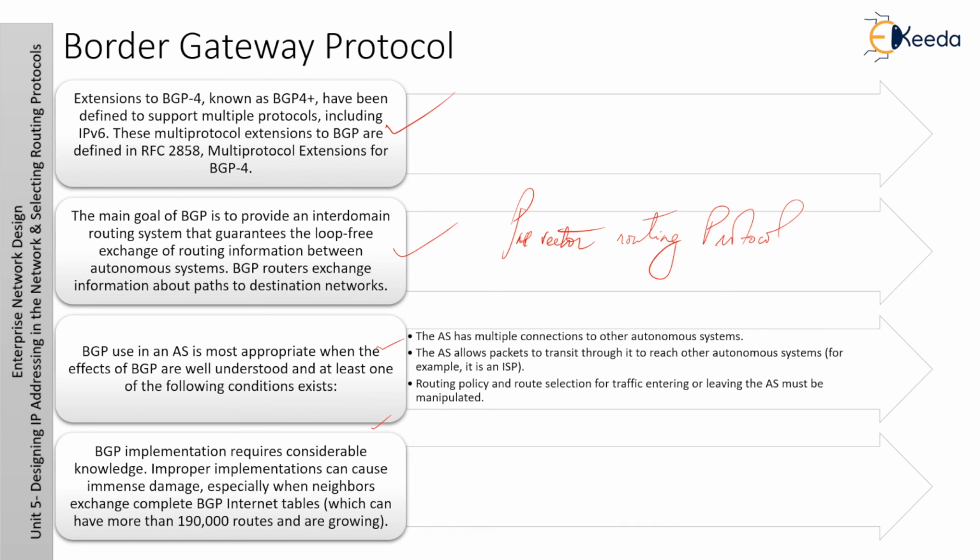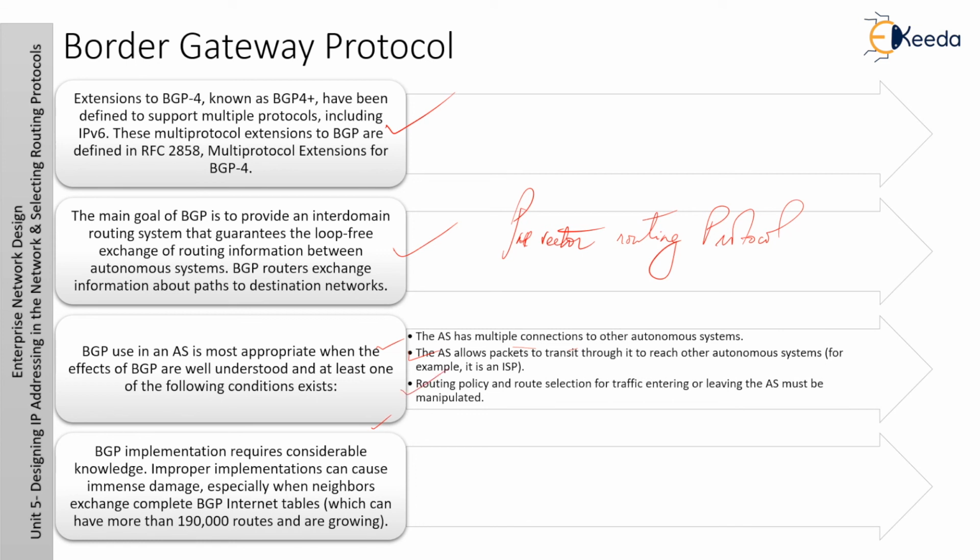The first is that the autonomous system has multiple connections to other autonomous systems. The AS allows packets to transit through it to reach other autonomous systems, like an ISP. Routing policy and route selection for traffic entering or leaving the AS must be manipulated.